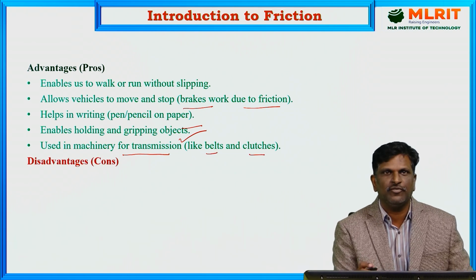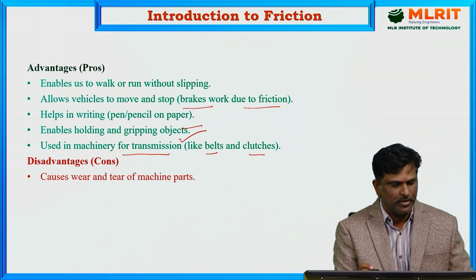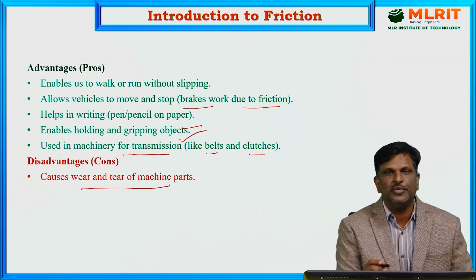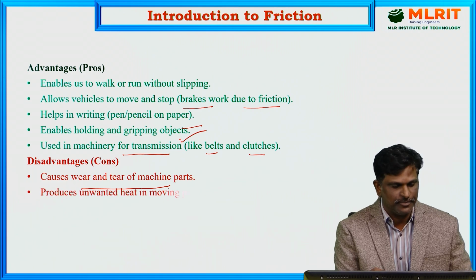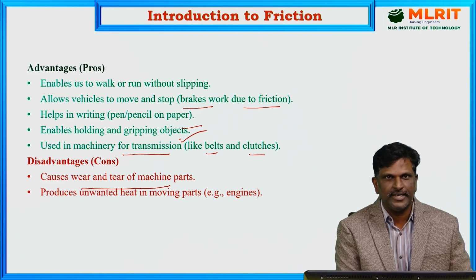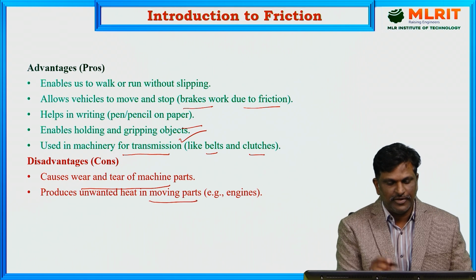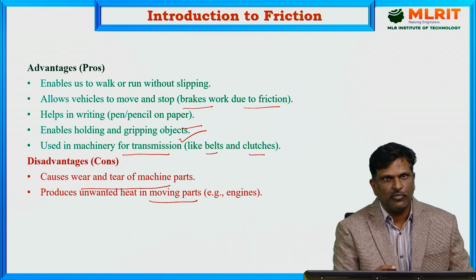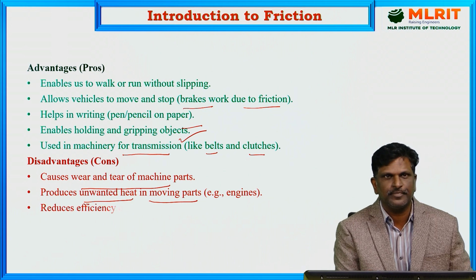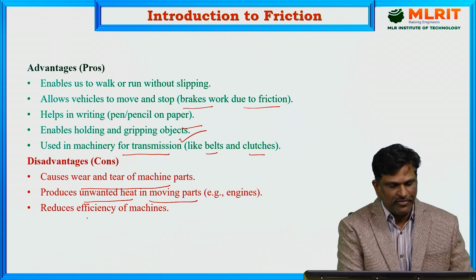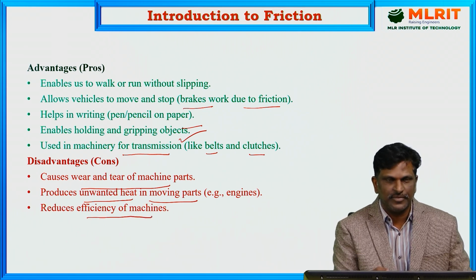And now disadvantages. It causes wear and tear of machine parts. It is the main disadvantage of friction. It produces unwanted heat when the moving parts are in contact, and it reduces the efficiency of the machine.